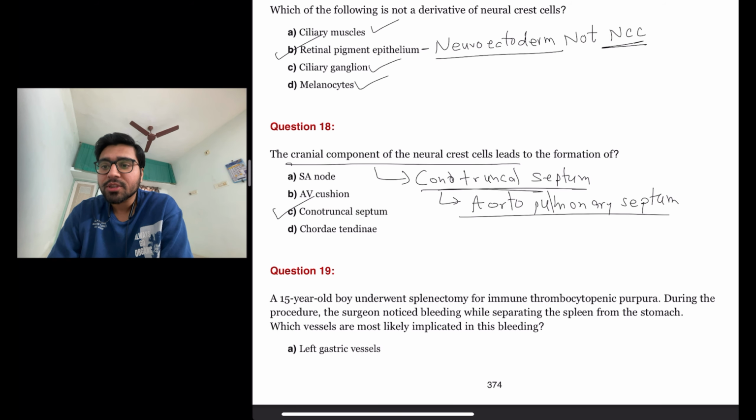So let us move on to the next question. Which of the following is the first to be formed by the migration of the epiblast along the primitive streak? So migration of epiblast along the primitive streak will first form endoderm. This is the factual as well as straightforward question. So the answer here is A, endoderm.